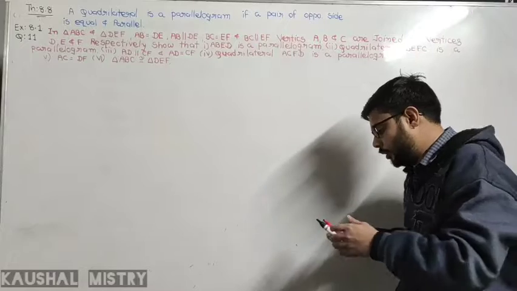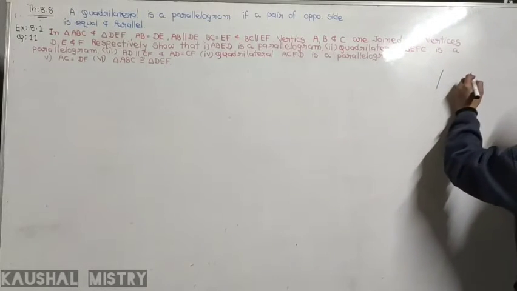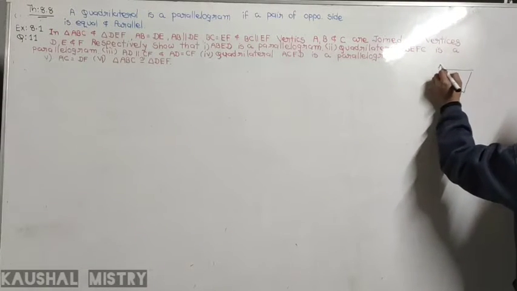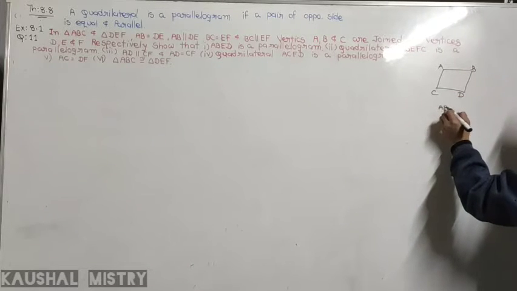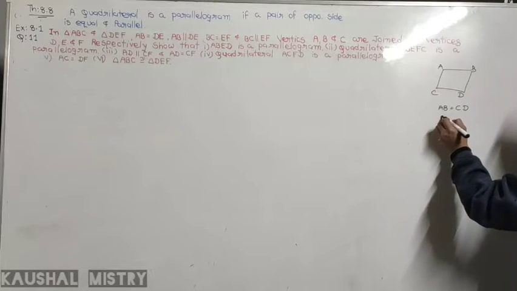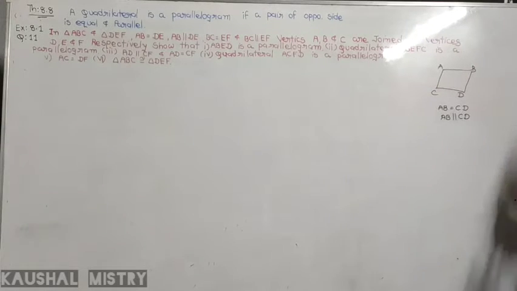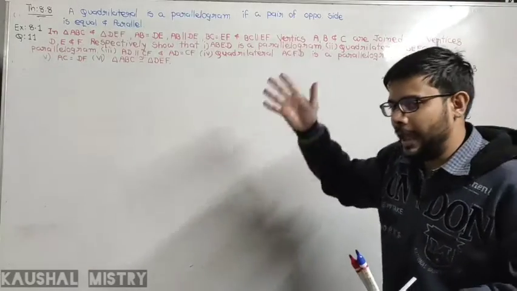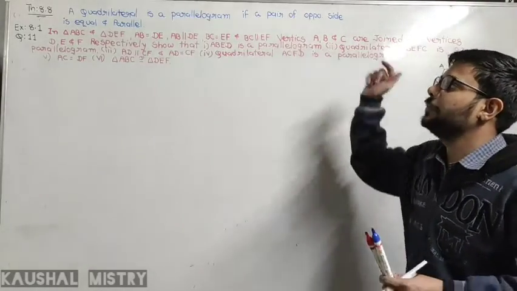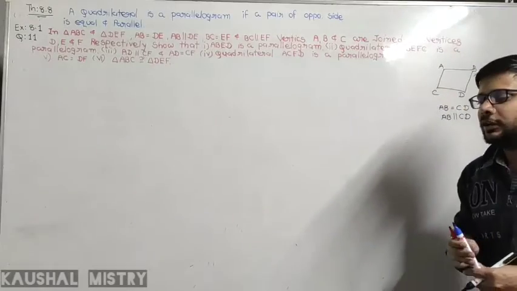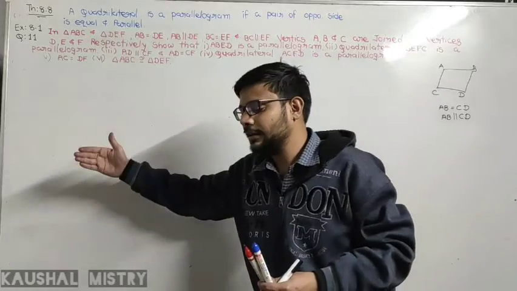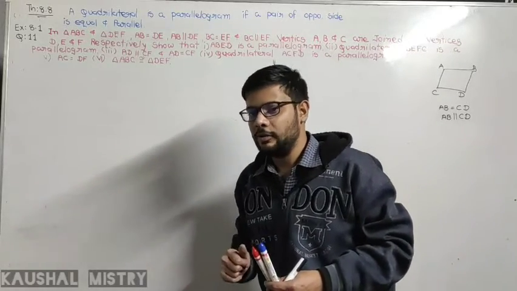That means if this is a quadrilateral and AB is equal to CD and AB is parallel to CD, then this quadrilateral will be a parallelogram. That means opposite sides have to be equal and parallel, then any quadrilateral can be a parallelogram, right? That is theorem 8.8.